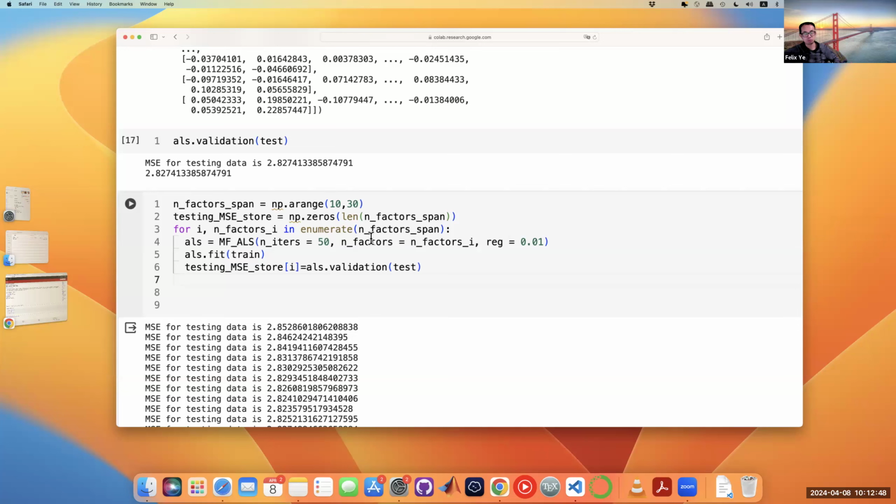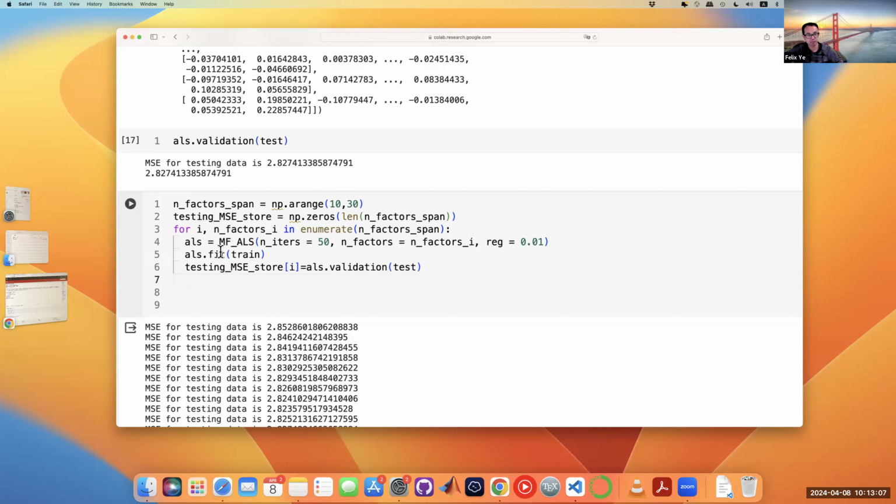I'm going to loop through all possible K, and for each I only run 50 iterations. My regularization remains at 0.01. Of course, you can change that regularization if you want.